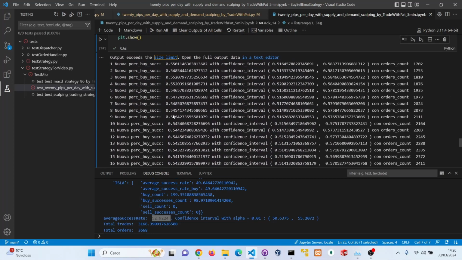And if you check that at least one candle has an ADX above 25 in the last 7 candles, you would have a better average success rate and a better confidence interval.